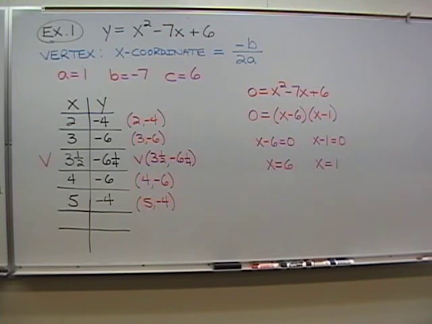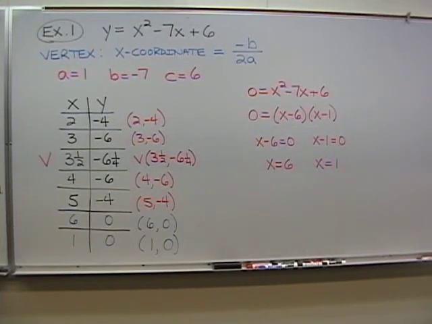Now guess what? That means we have our two additional x coordinates. Yep, that's right. When we find the solutions to our factoring problem, those will also be the two additional x coordinates that we're going to substitute into our xy table. So let's do that right now.